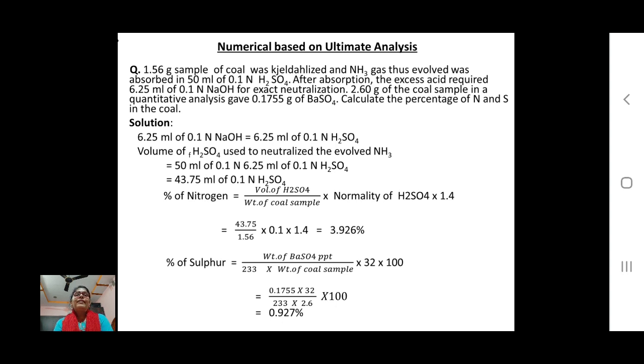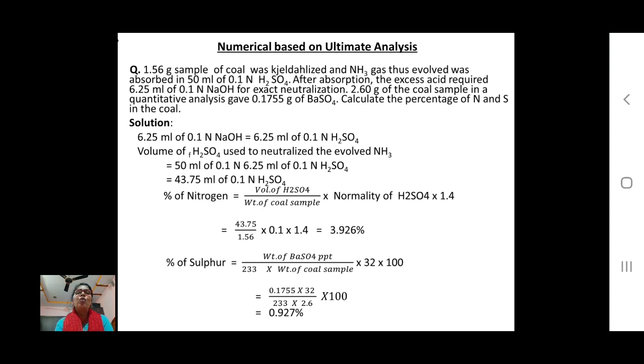So volume of sulfuric acid used to neutralize the evolved ammonia is equal to 50 ml of 0.1 normal minus 6.25 milliliter of 0.1 normal H2SO4.